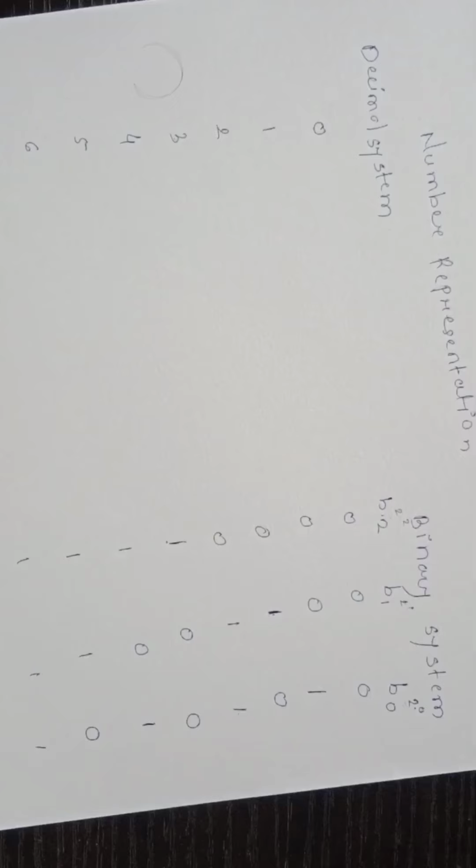Now, like the binary number system, there are some other representations like sign and magnitude representation, one's complement, and two's complement of a number.